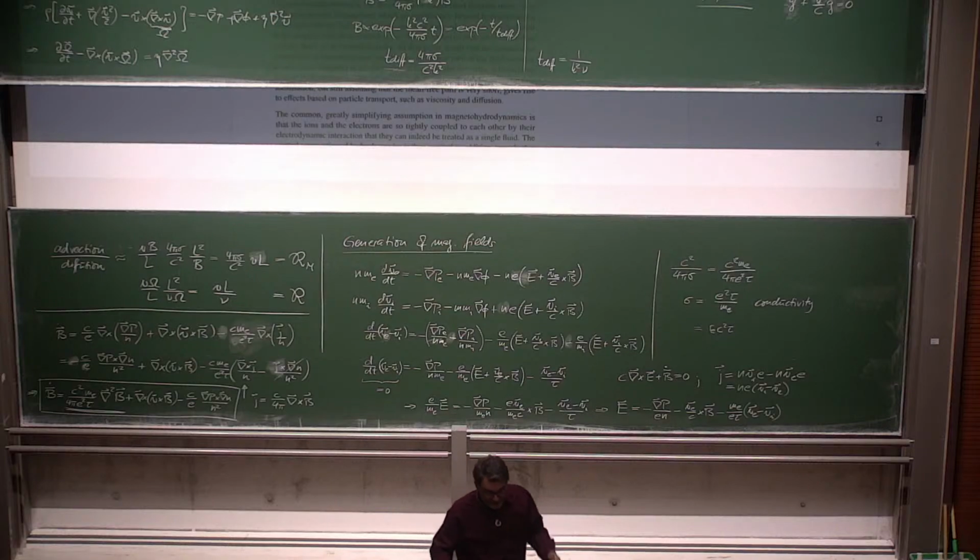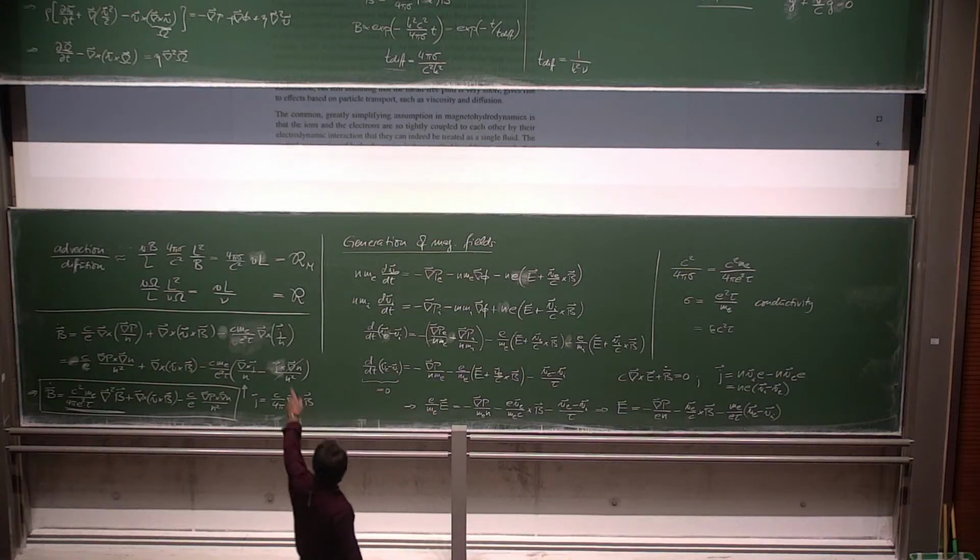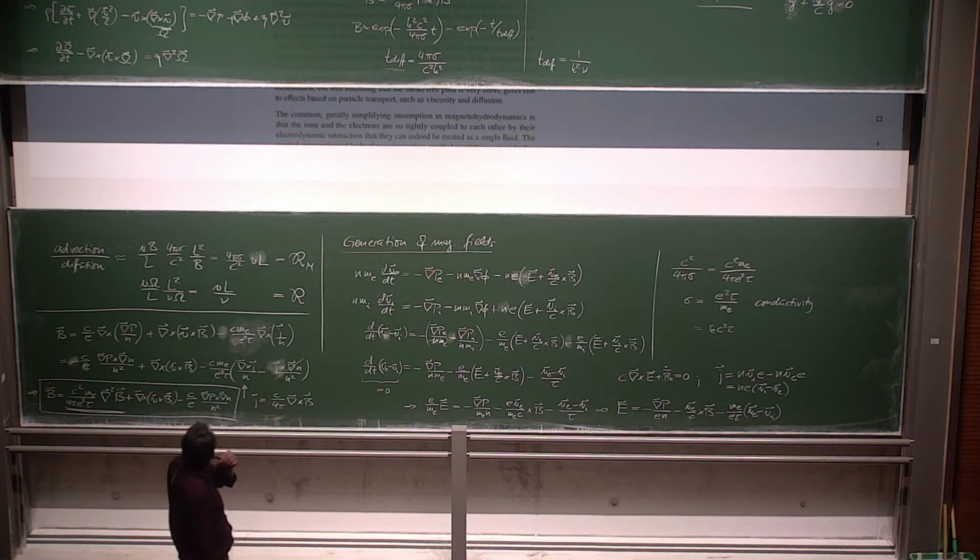Then we get a reduced set of 3 Maxwell equations, and together with the Lorentz transform of the electric field, we got one version of the induction equation for the magnetic field. It's the one that you see up there.